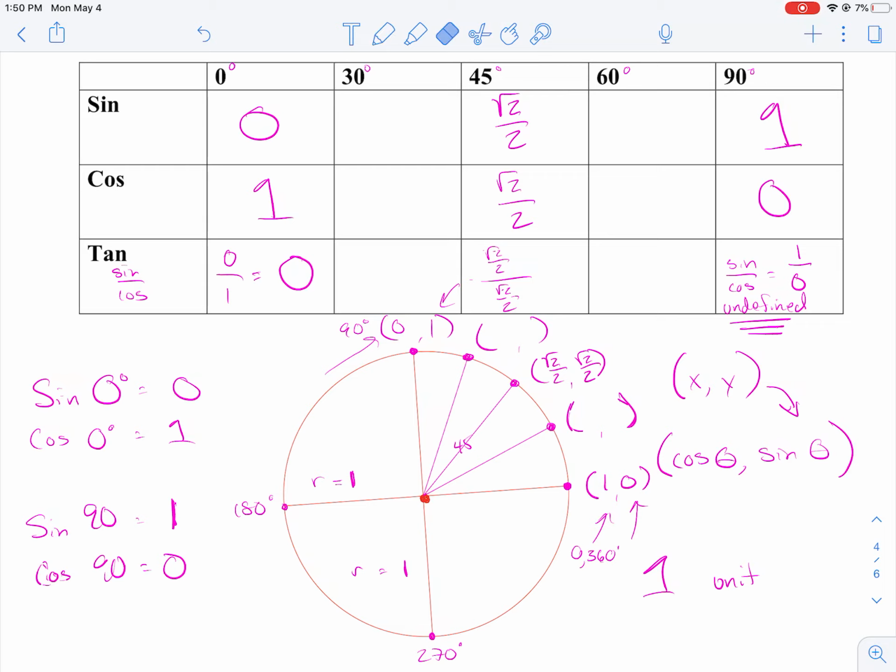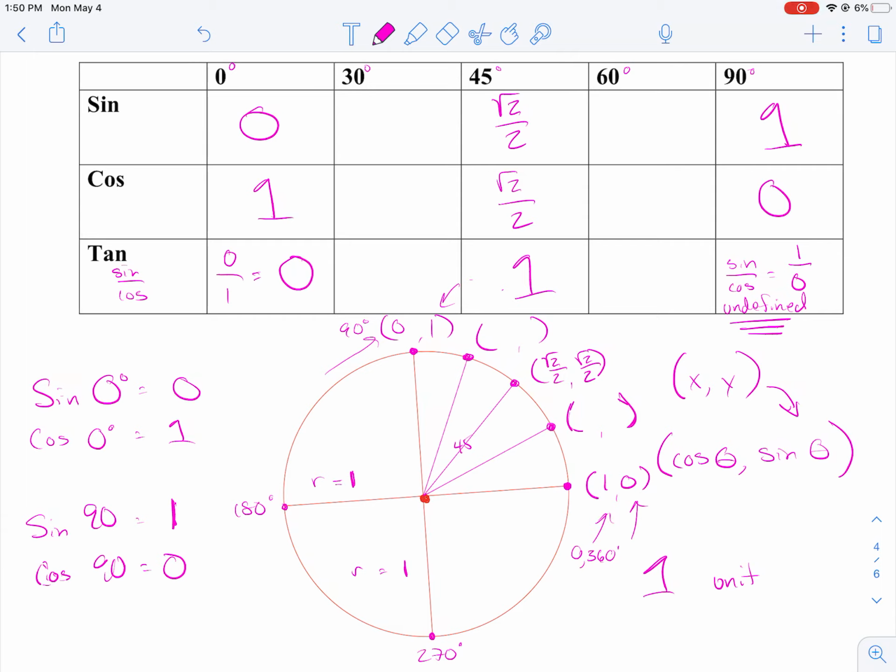What's going to happen is that we're going to have square root 2 over 2 times 2 over square root of 2. Those cancel, and you're just left with a 1. So the tan of 45 degrees is just 1. And again, we get this by doing sine over cosine.